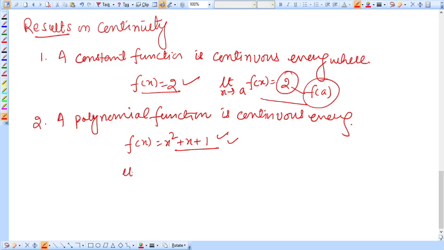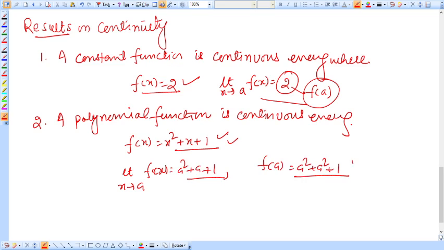Why it is continuous everywhere? Because if you say limit of f of x at any point, it is equal to how much? This much, right? And what is the value of the function? Value of the function is also same, so both are equal. So we can say both value is equal to limit, hence this function is continuous at every point.